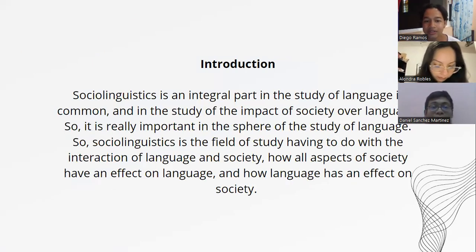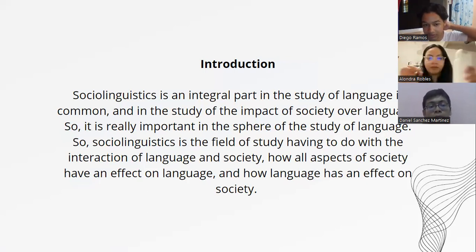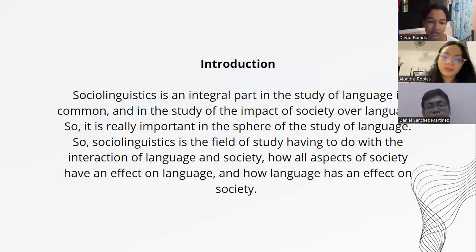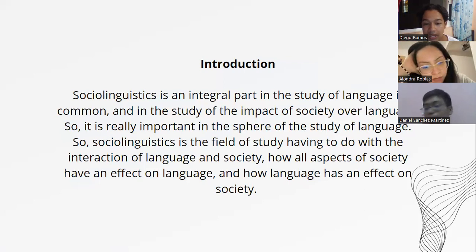So sociolinguistics is an integral part of the study of language in common and in the study of the impact of society over language. So it's really important in this sphere of the study of language. Sociolinguistics is the field of study having to do with the interaction of language and society, how all aspects of society have an effect on language and how language has an effect on society.